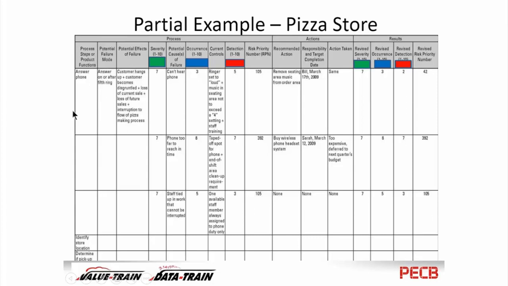Americans love pizza. So the process here that we're looking at, the first one, is the process of answering the phone. And there is a specification for answering it by the fourth ring. So if it rings 5 or more times before we answer it, it's considered a failure. So this is a process failure.